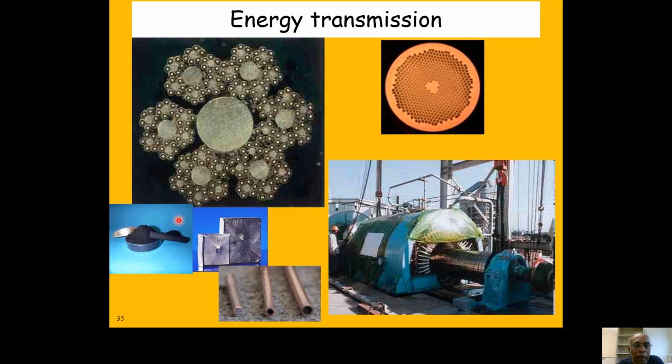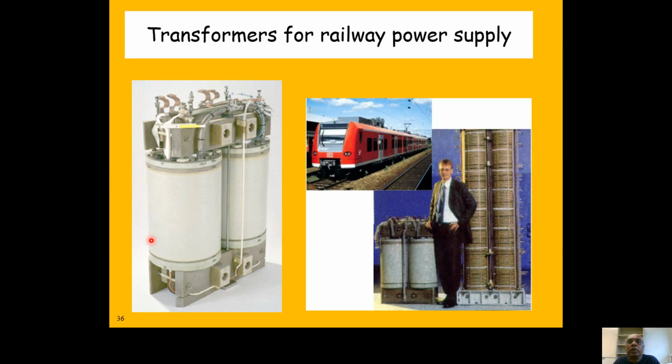Here people have already made these cables and slabs of high TC superconductors, typically using BISCO and YBCO superconductors. Another important application people are thinking about is the use of high TC superconductors in transformers for railway power supplies, shown here.